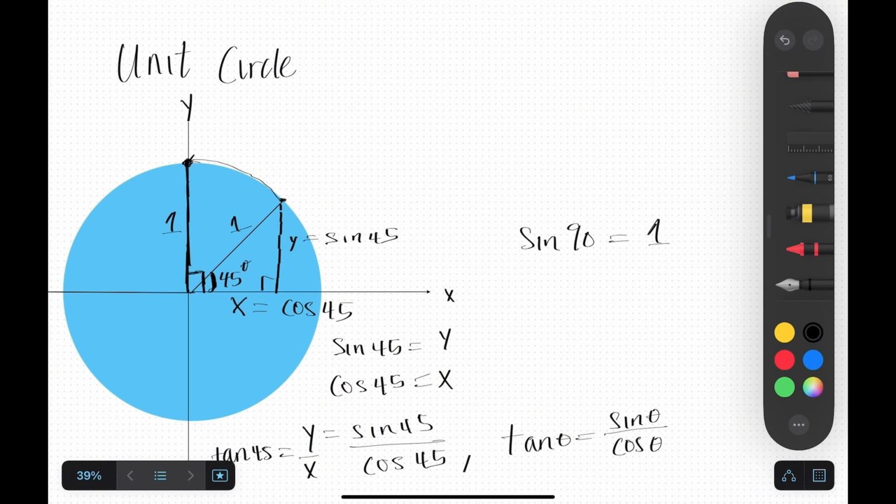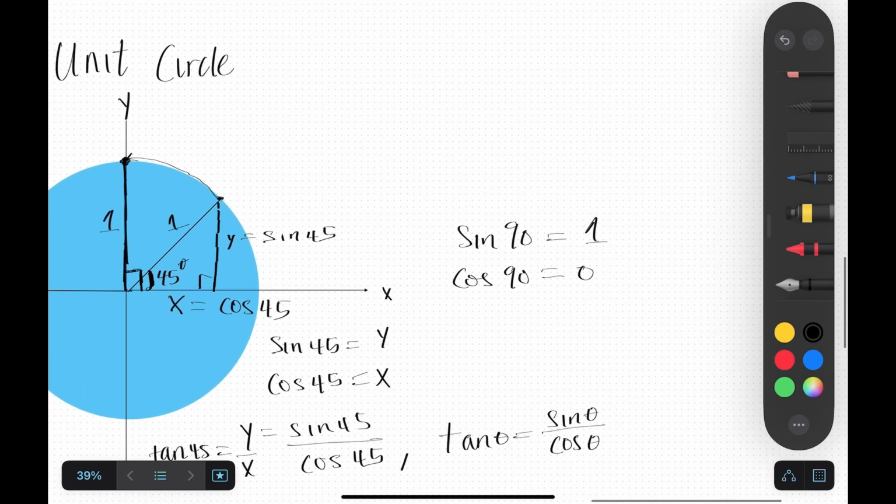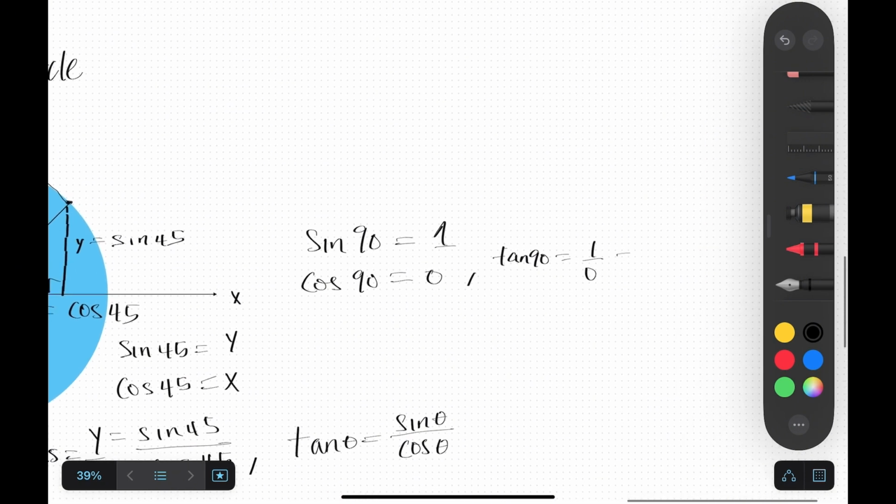And since this point is directly on the y-axis, it has x-coordinate of 0. The cosine of 90 is 0. However, now the tangent of 90, being sine of 90 divided by cosine of 90, is now 1 over 0, which is undefined.